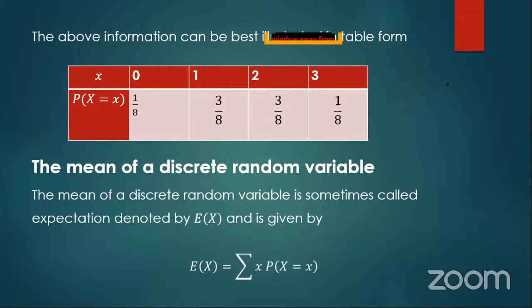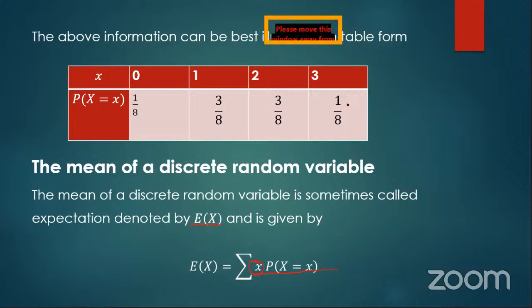Okay. So when we go to the mean of a discrete random variable, the mean is sometimes called the expectation and denoted by capital E of X. It is given by the sum of the X values multiplied by the probability values.